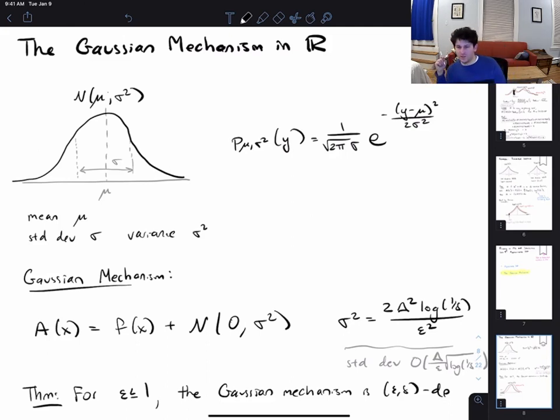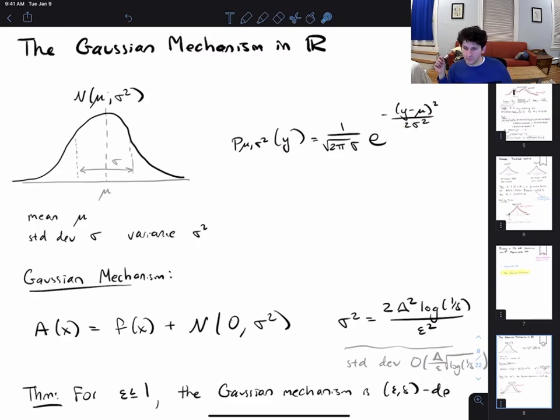It's just common to write it in terms of the variance. It has this funny looking density function where the probability density of an individual point y is proportional to e to the minus (y minus mu) squared, the distance from the mean squared, divided by 2 times the variance.